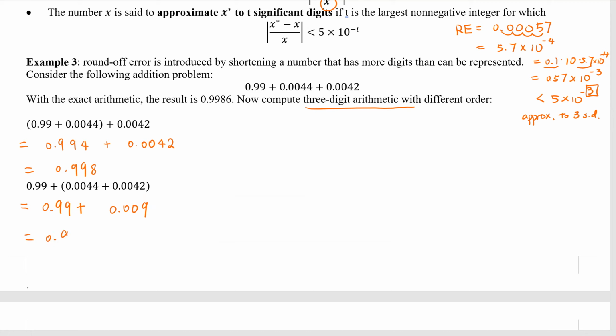Now we get 0.999. You see? They're different. So you can see this is the round off error. Yes, a different order of the addition sometimes might give us a different answer. So this is the round off error. So far so good, everybody?